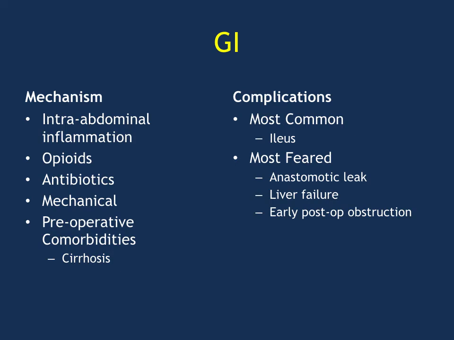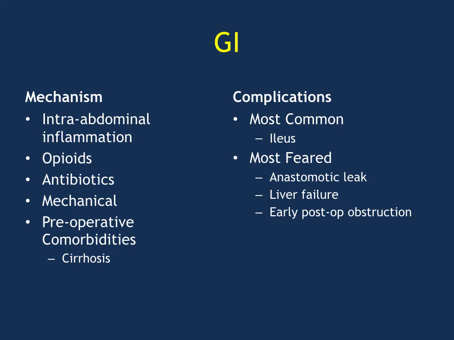The most common complication, obviously, is a post-op ileus, in which the small intestine and the large intestines may not work very well in the initial days following the operation, resulting in nausea, vomiting, and a lot of discomfort. The most feared are anastomotic leakage in cases where the bowel has been stapled or sewn together after resection of a segment, as well as liver failure in patients who have cirrhosis and undergo hepatectomies.